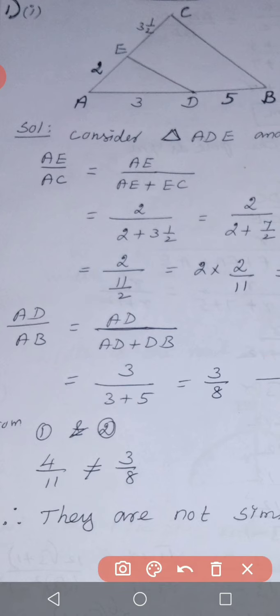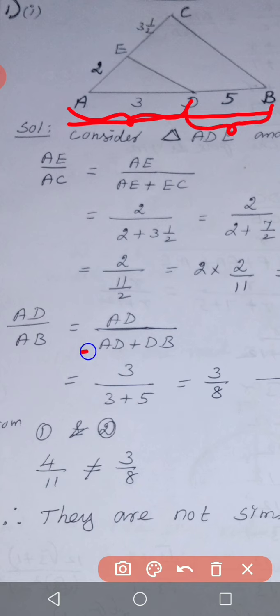Then AB can be split into AD plus DB. Now substitute the values. AD is given as 3, so 3 in the denominator, again AD is 3 and DB is 5. So 3 in the denominator, 3 plus 5 is 8. Mark this one as 2.